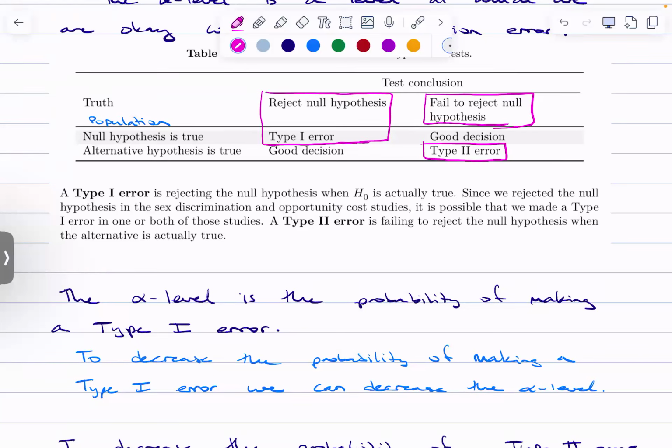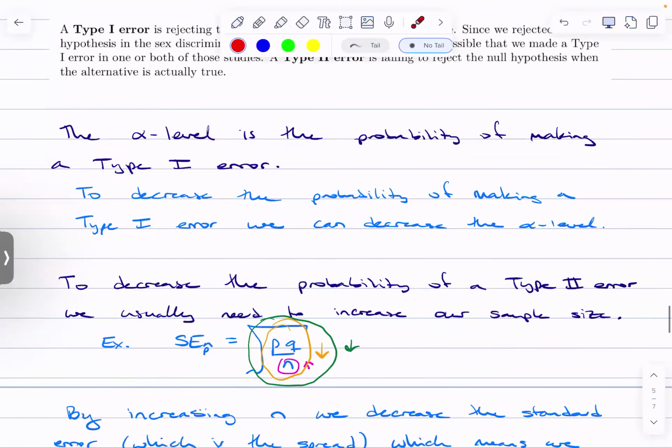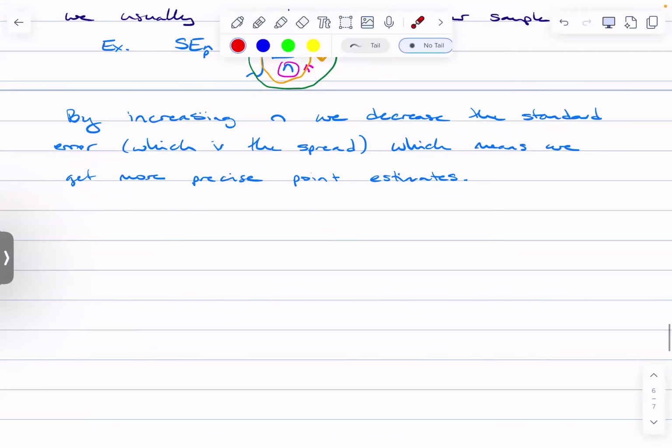Now, from the alpha level and the type 1 error, we saw a one-sided hypothesis test last week, right? Where we had the promotions and we suspected that fewer females were being promoted than males, right? But in saying that fewer, we're kind of applying some bias, right? And so that's what we call a one-sided hypothesis test.